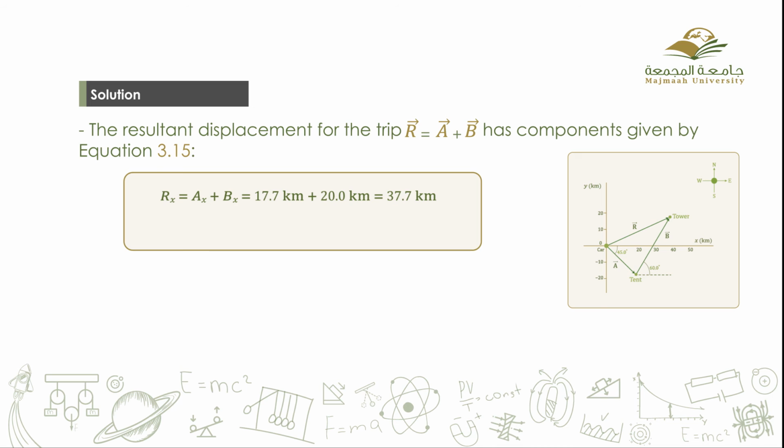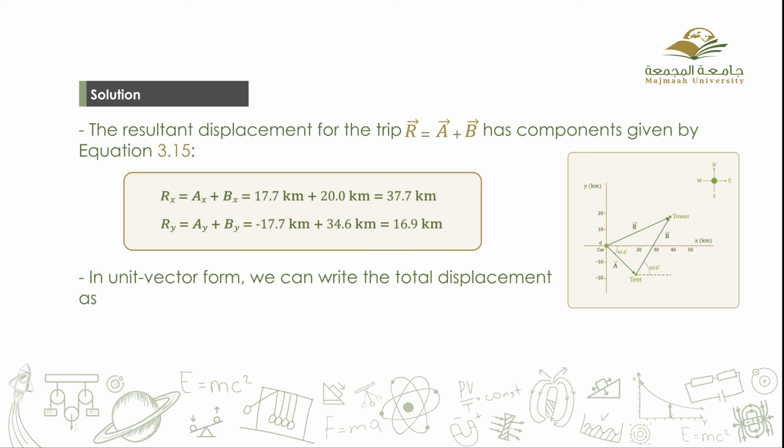The second component, which is in the y direction, and take care about the negative sign, is Ry equals Ay plus By, which is negative 17.7 kilometers plus 34.6 kilometers, which results in 16.9 kilometers. By rearranging these two components Rx and Ry, we can write it in the unit vector form.